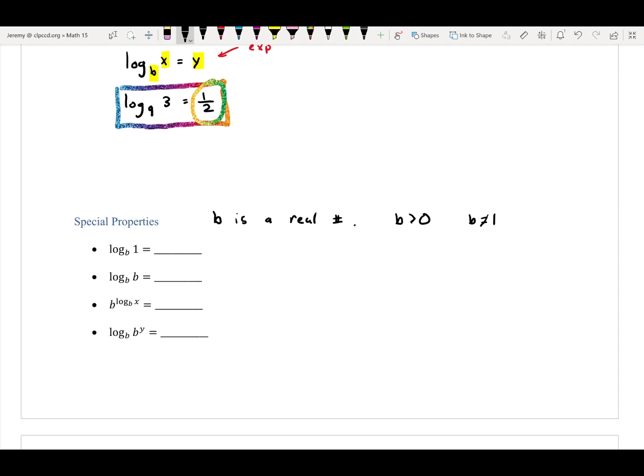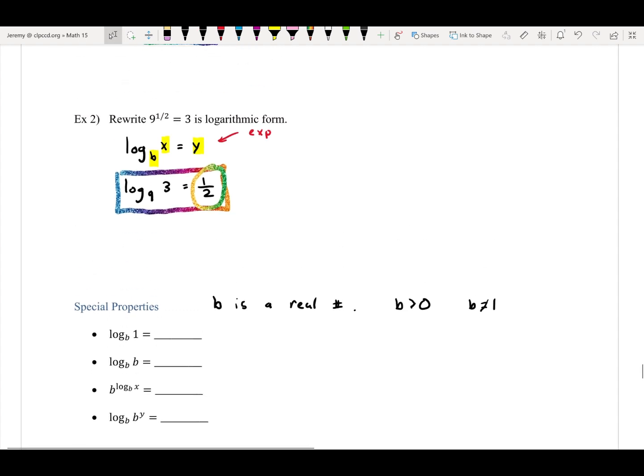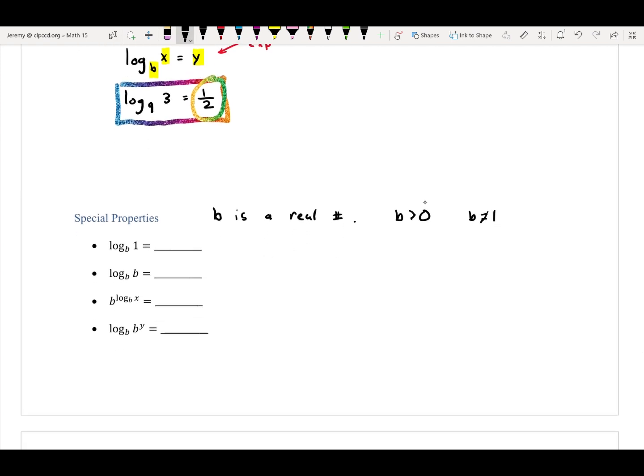If we're looking at log base b of 1, thinking through it like I did with the expression in the last problem, I'm thinking: b to what power is equal to 1? How can we raise a number to some exponent and get 1 as the output? Well, anything raised to the 0th power is equal to 1.